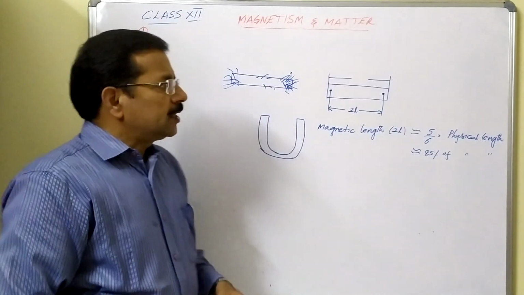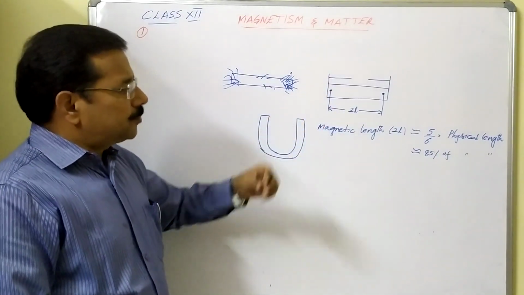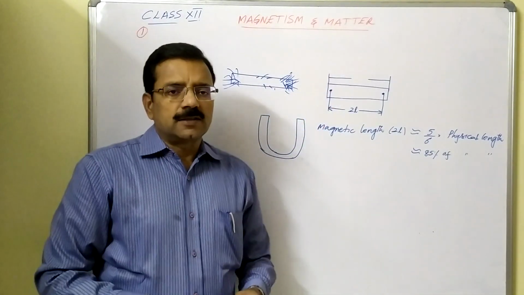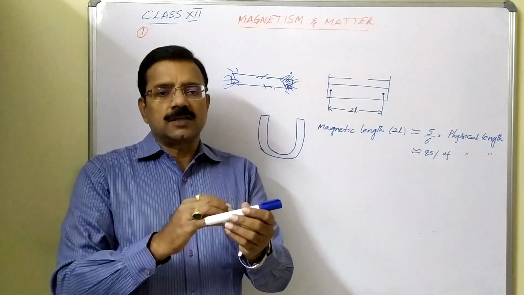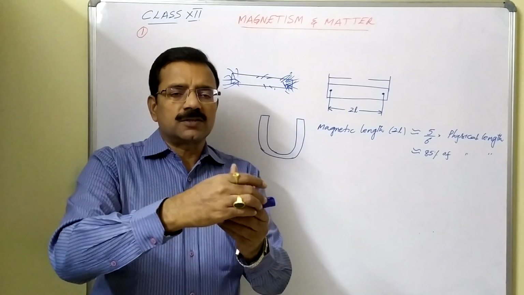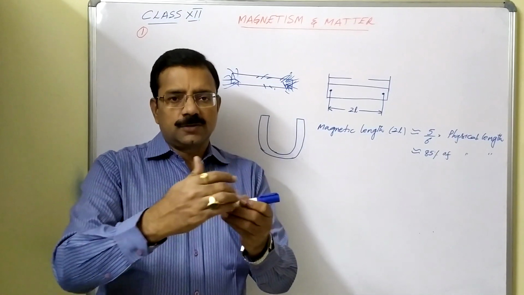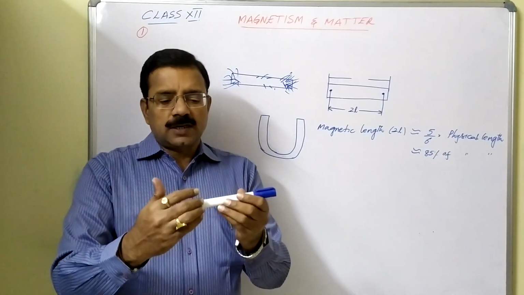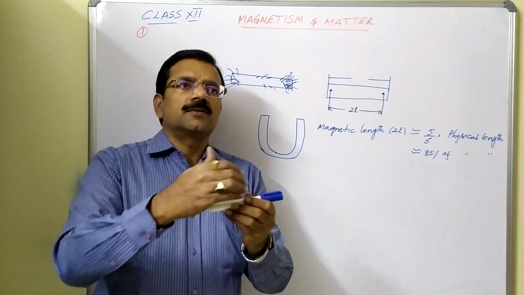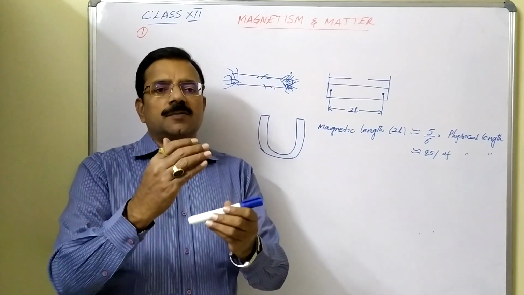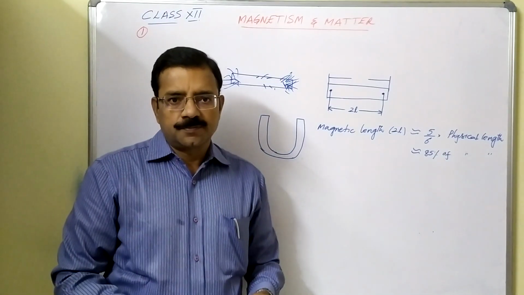Okay. So one of the important properties of a magnet is that its ability to attract magnetic materials is mostly concentrated at the two ends. There are two imaginary points inside the magnet nearer the ends where this attractive property is supposed to be concentrated.